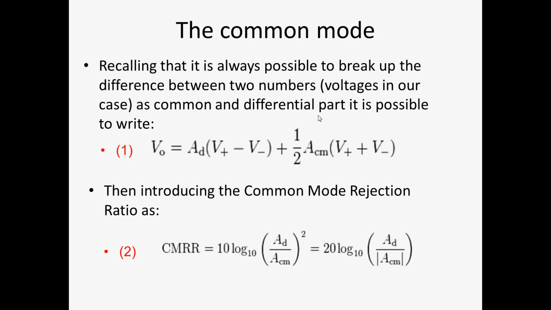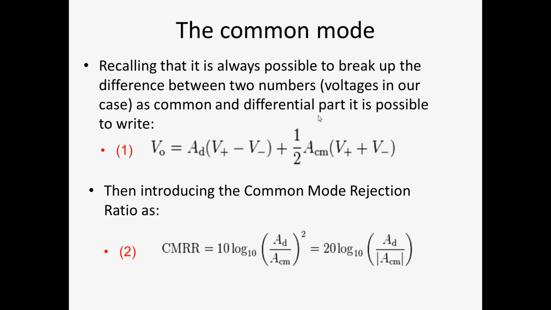Well, for a difference amplifier, sometimes the difference between two equal signals might not be 0. This is called common mode error.